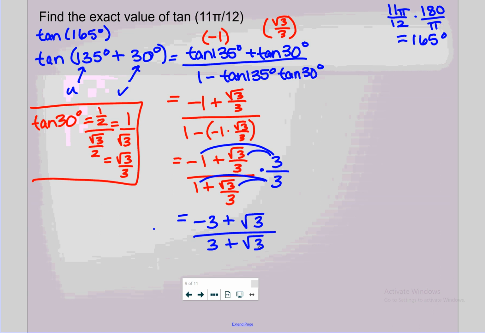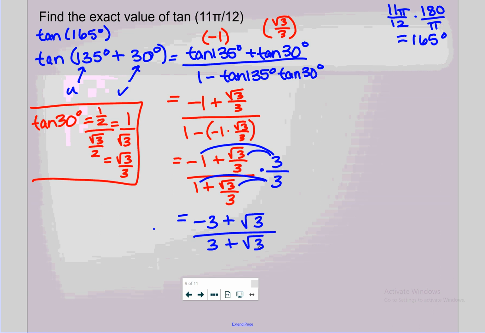Why are you just multiplying by 3? Oh, I'm choosing 3 because that's the denominator I want to get rid of. Is that your question? Okay, so if I had a 2 down there, then I would multiply by 2 over 2. Because then I want that denominator gone. So that's the whole point of this step.